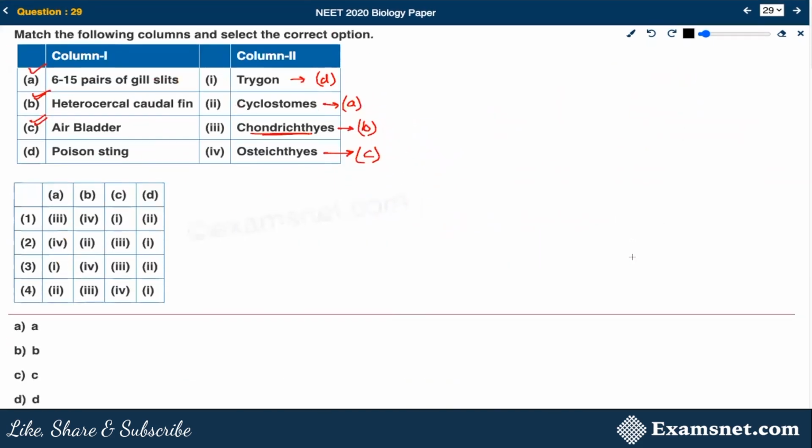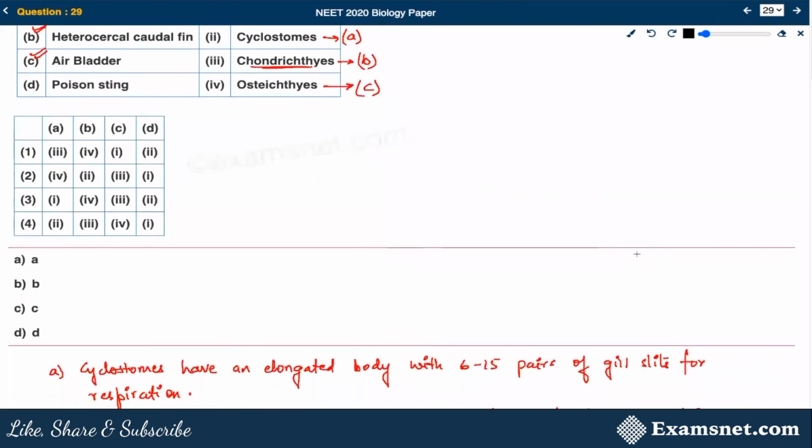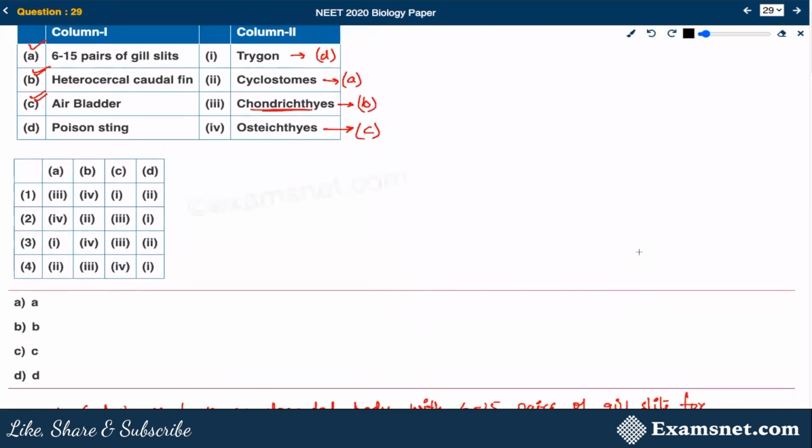So let us look into the options now. What are the different options that are available? A is going to match up with 2.